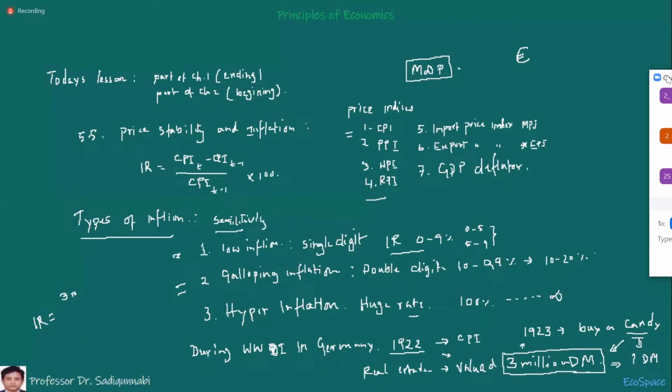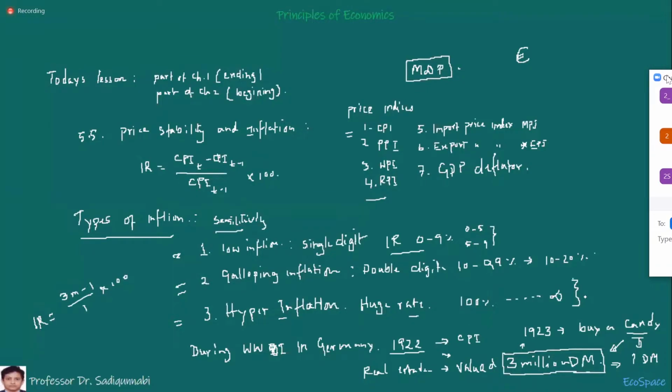3 million minus 1 divided by 1 into 100. That means 3 million percent. So this type of inflation is called hyperinflation. Hyperinflation is a huge rate of inflation, I mean, a very high rate of inflation. And this inflation is very dangerous.